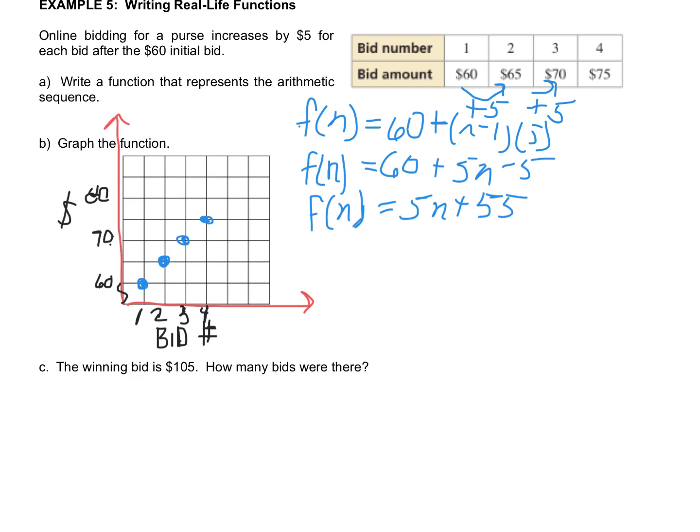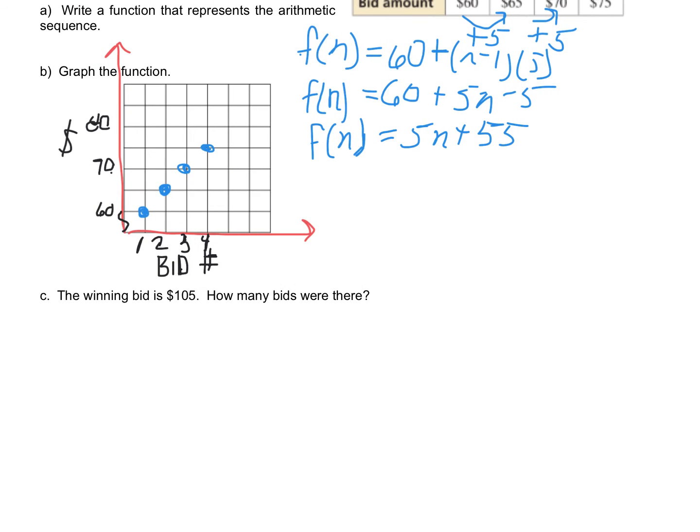So if the winning bid is dollars, the dollars is our y or output value, which means when I plug this in, I am going to start with the 105 in place of the f of n. And then I'm going to be solving for the number of bids. And remember, the number of bids in our case this time is the n.